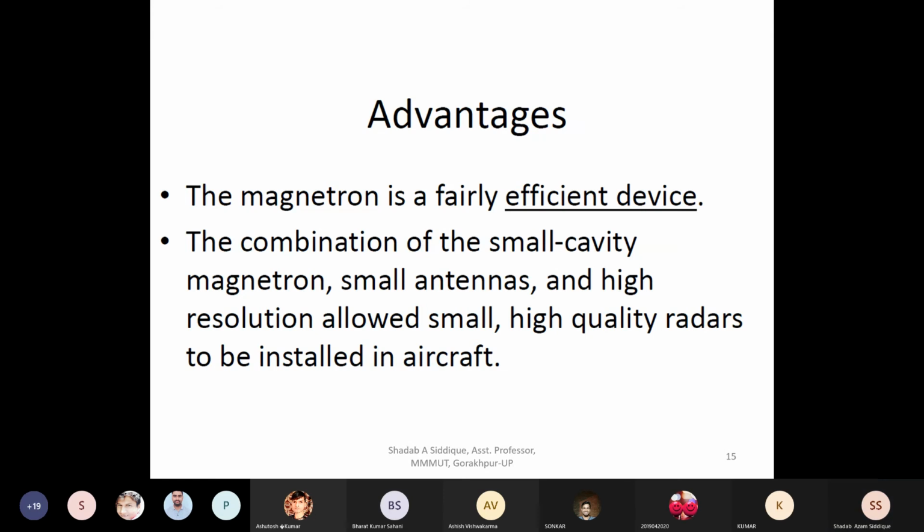So with a small cavity magnetron and a small antenna, we get a high quality radar that can be installed in aircraft.